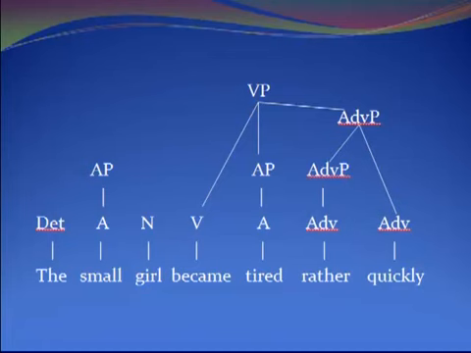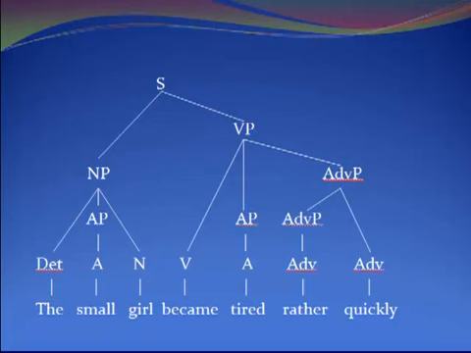Now we already know that the small girl is the subject noun phrase, so we can just draw it in. There you go. And then of course we've got a noun phrase and a verb phrase, and we already know that that's going to be the whole sentence. So by working from right to left, we have worked out the overall structure of the sentence.